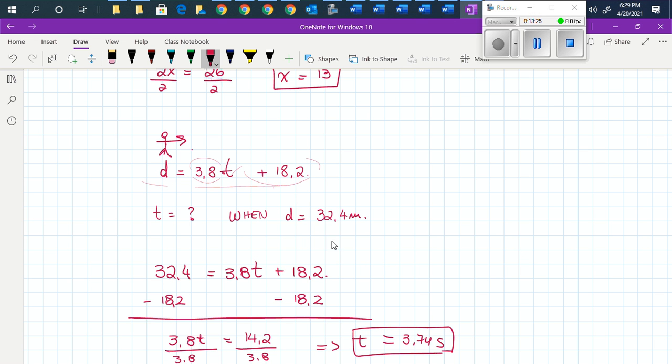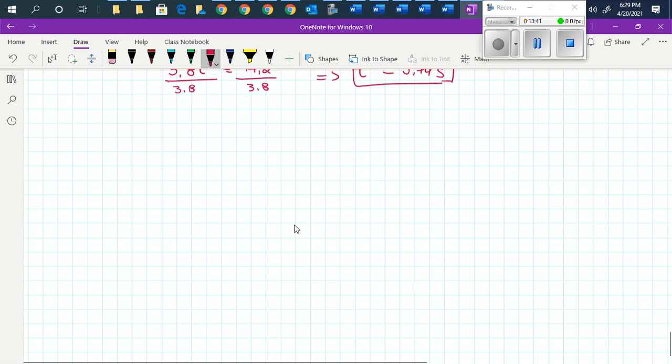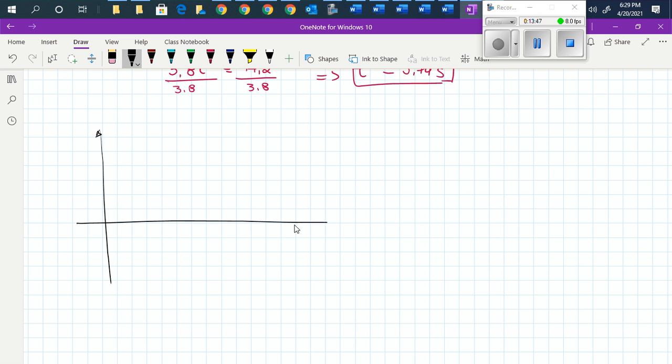Okay. This is how we find the value of x when we know the value of y, or the value of y when we know the value of x. Now, this is mathematically. Graphically, it is even easier. Let's suppose that you have a graph of x and y that looks like this.